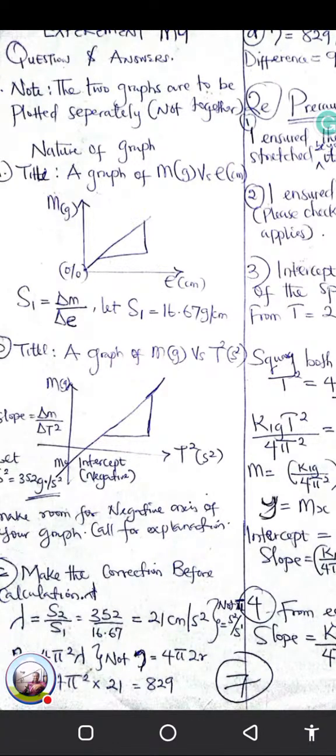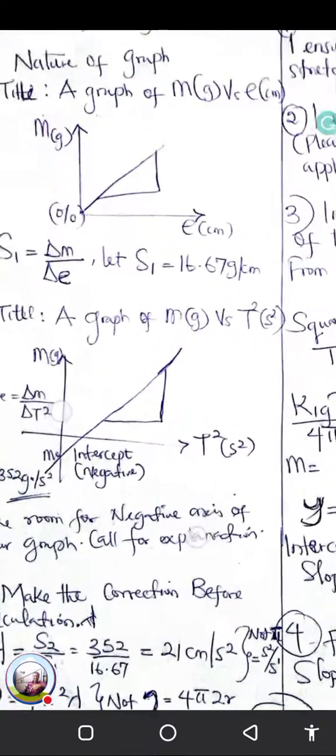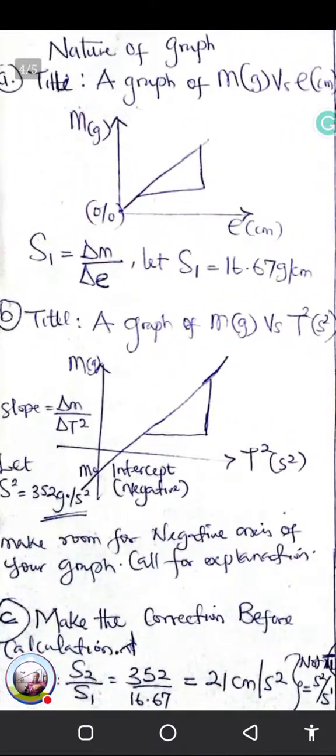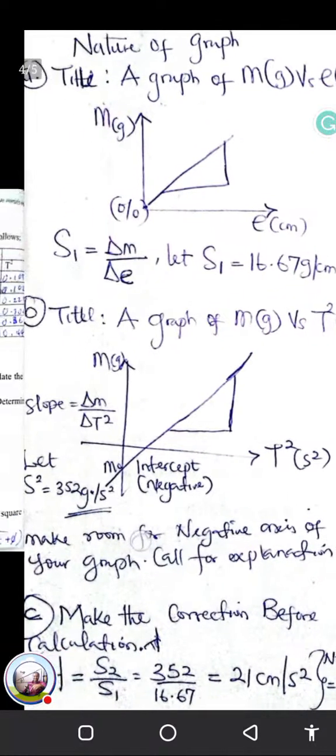Is it going to be negative? Is it going to be positive? Is it going to cut the y-axis or the x-axis? So the equation gives you an overview or a summary of how the graph will look. We'll get to that under, I think, question C or D, when we get there.